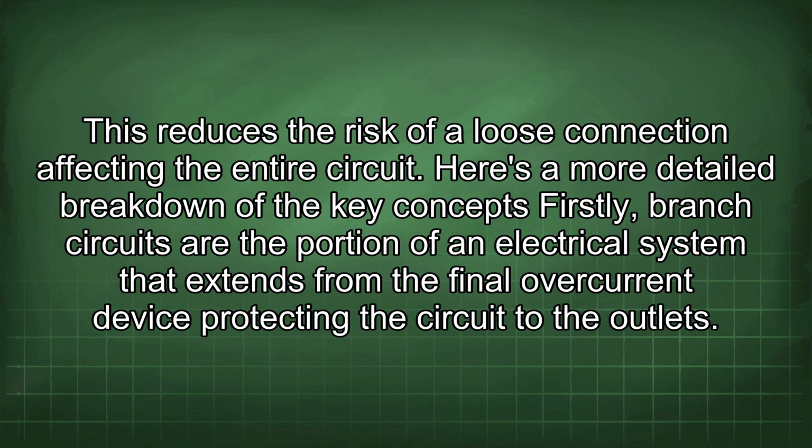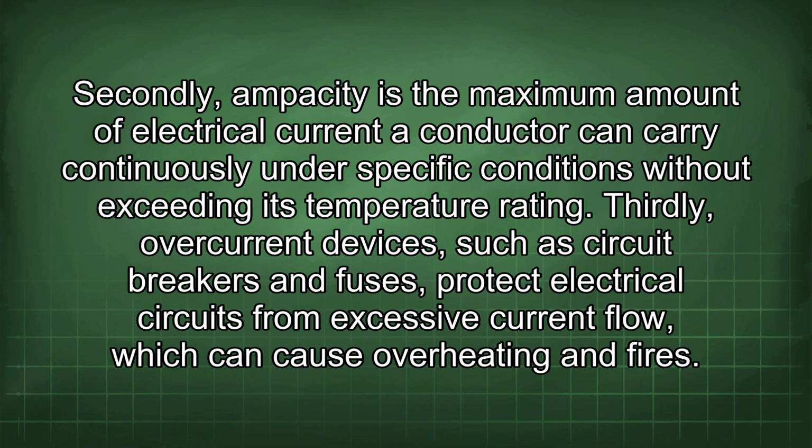Here's a more detailed breakdown of the key concepts. Firstly, branch circuits are the portion of an electrical system that extends from the final overcurrent device protecting the circuit to the outlets. Secondly, ampacity is the maximum amount of electrical current a conductor can carry continuously under specific conditions without exceeding its temperature rating.